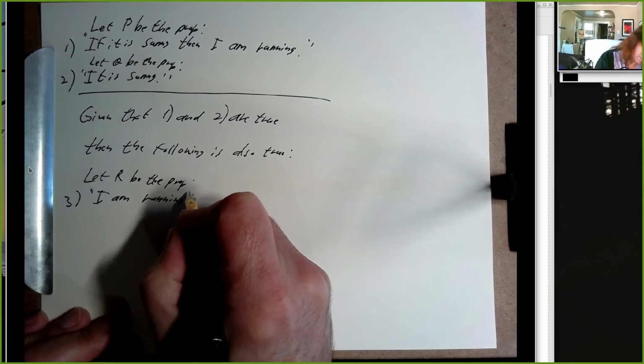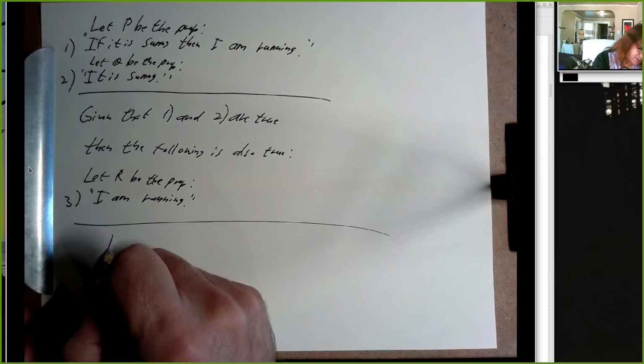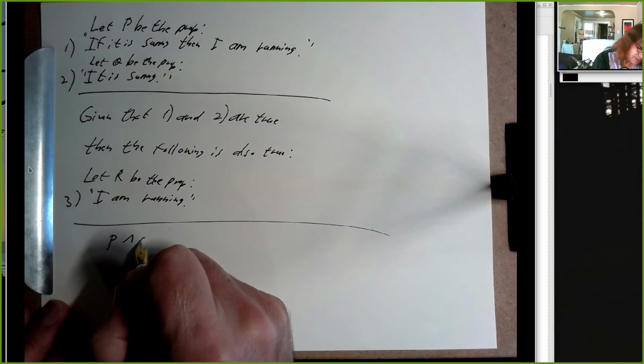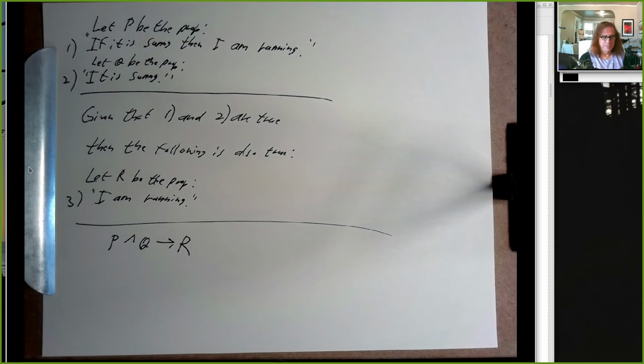I am running. All right, what have we just said? If P is true and Q is true, then R is true. Regardless of what P, Q, and R might be.